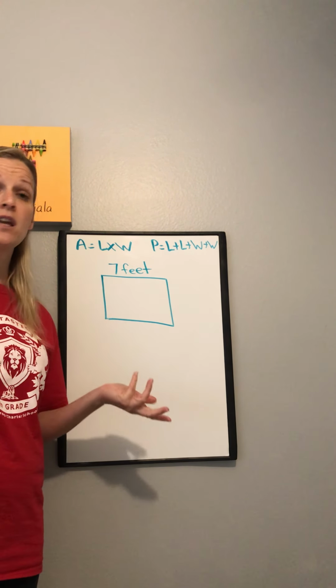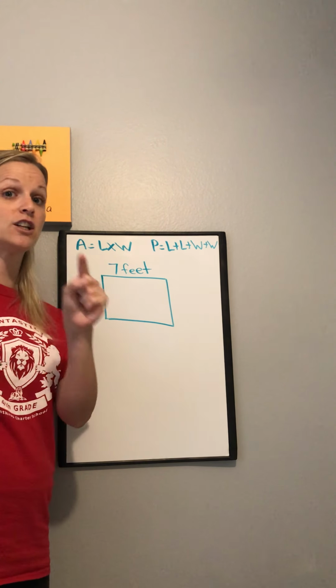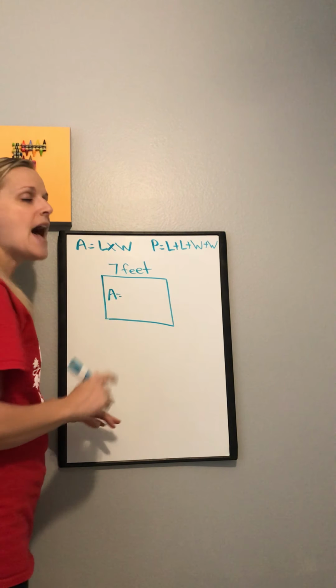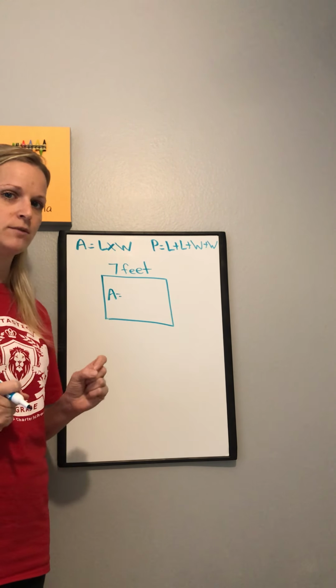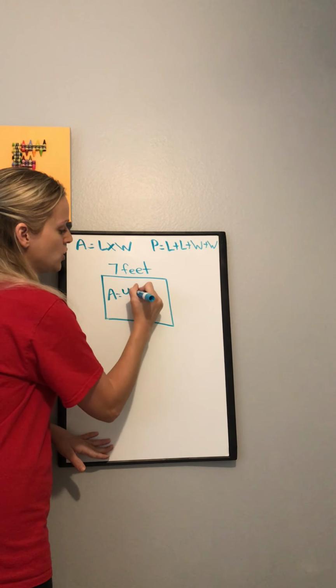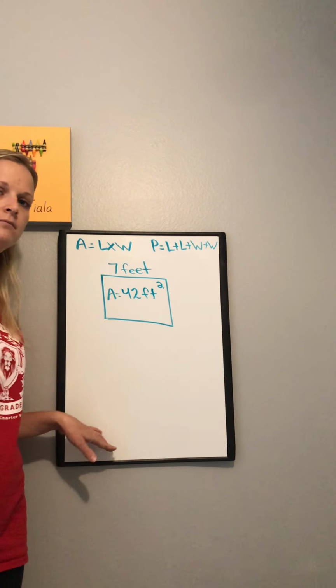The area is 42 feet squared. It's telling you the area. I'm going to write it inside my rectangle, and I always draw a rectangle when I do my problems to help me visualize. So area equals 42 feet squared.